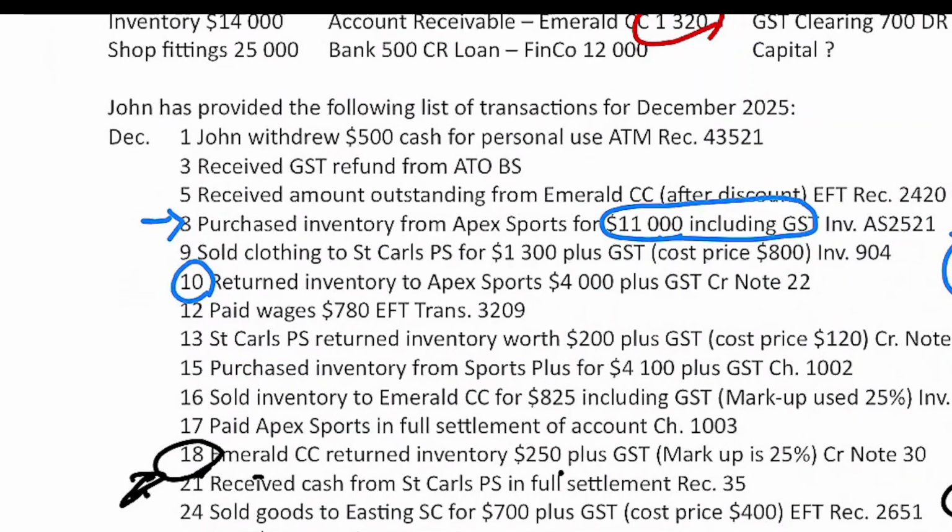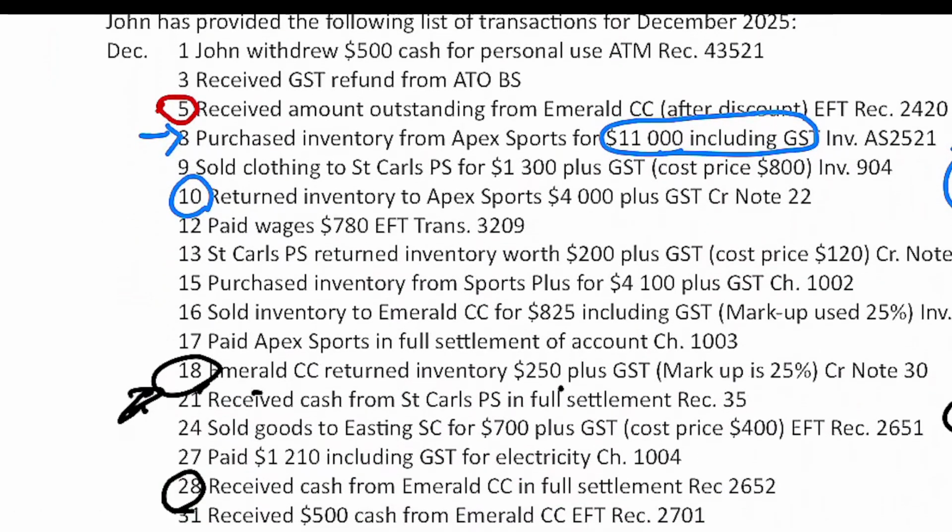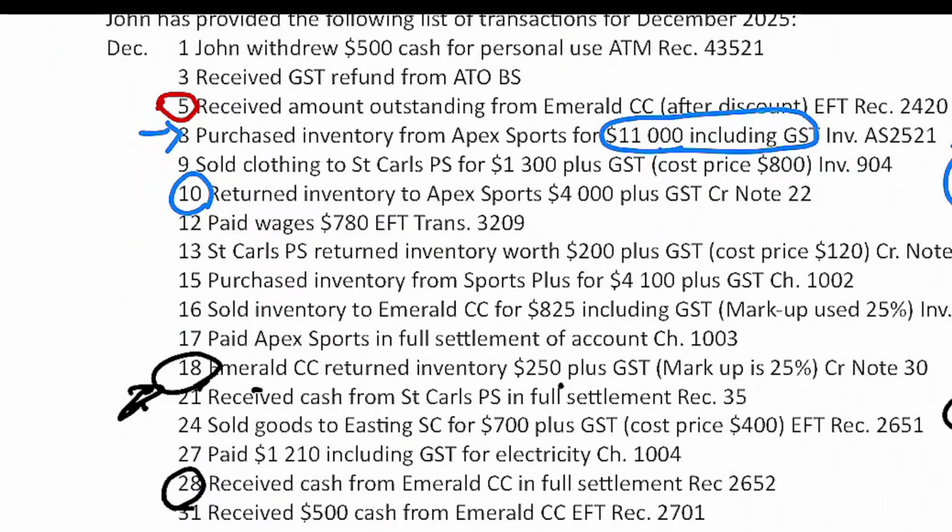Now, how much did Emerald owe us at the beginning? 1320. Then what happened during? On the 5th, we received the full amount. So that means this 1320 is not there anymore, right? After that, what happened? We sold to Emerald. How much? 825.